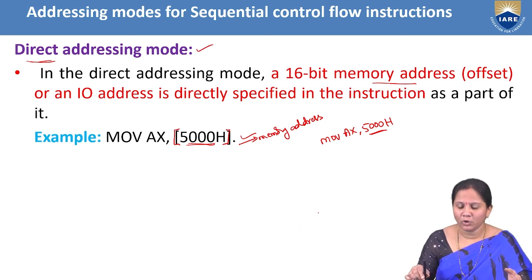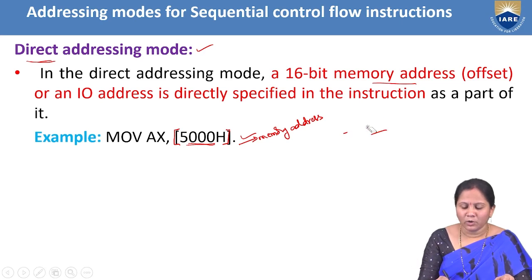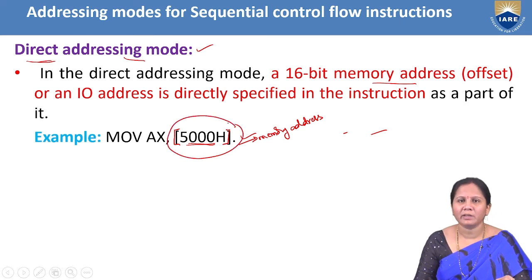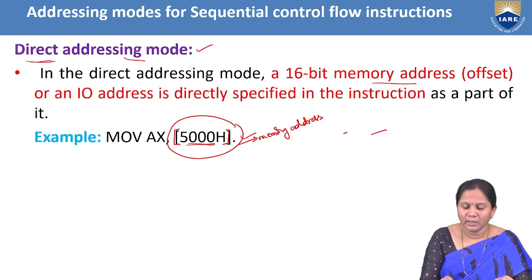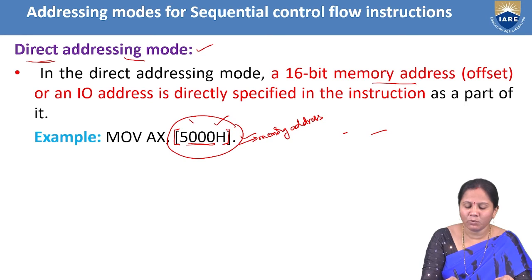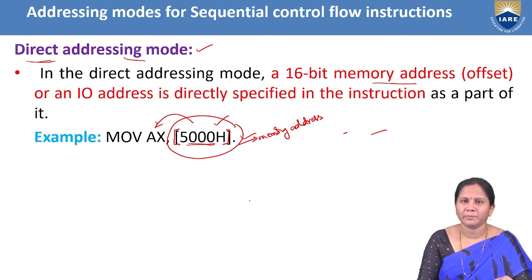In order to specify direct addressing mode, you must specify the offset address as a part of an instruction. Here, the operand resides at this address. The data present in memory address 5000H will be moved into the AX register.